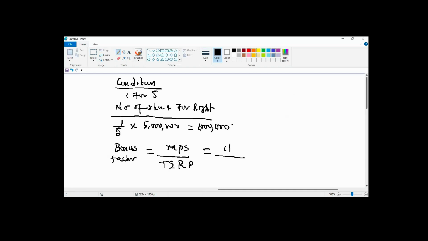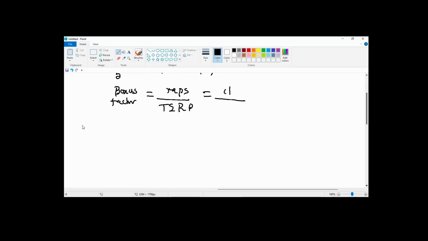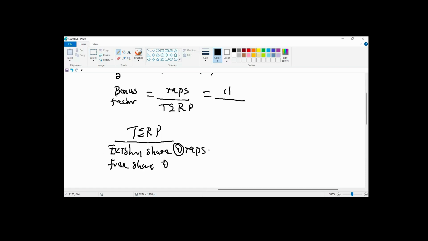So I can now calculate my theoretical ex-right price. Don't forget the formula. We say existing shares at market price, then the new shares at the right price, which is the exercise price. If you look at the question, I can do it at individual level. Let's take it at individual level.